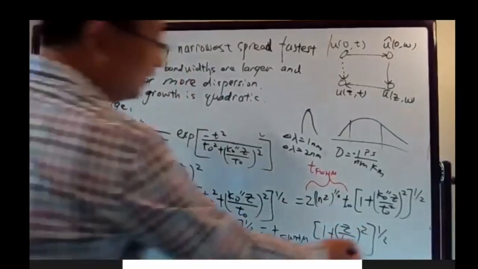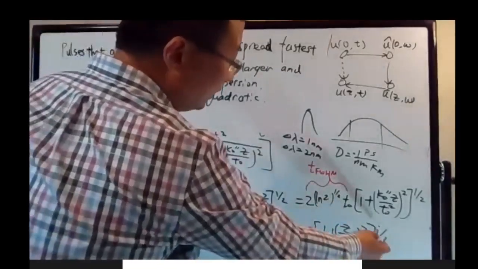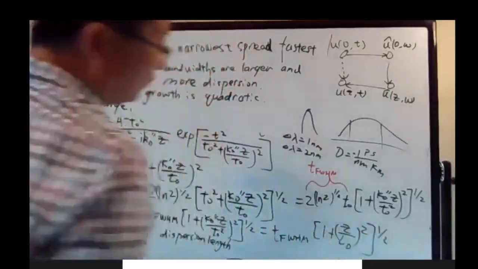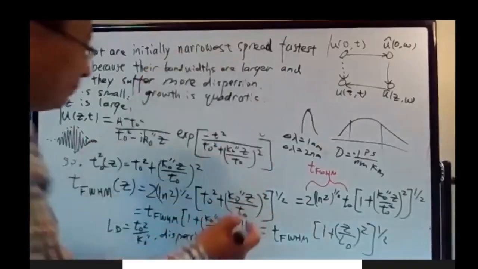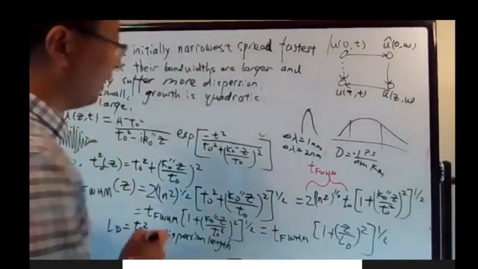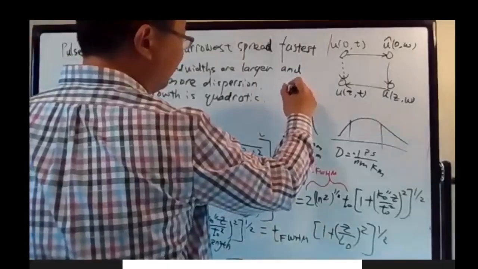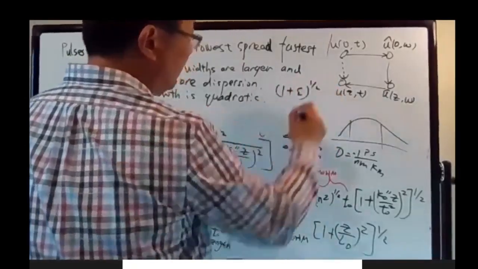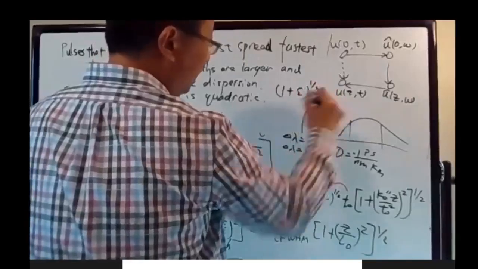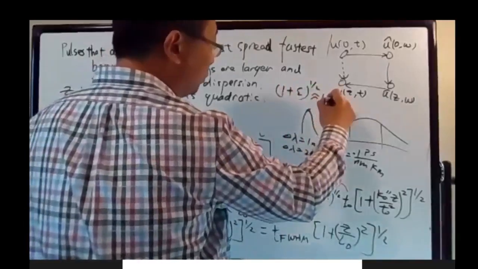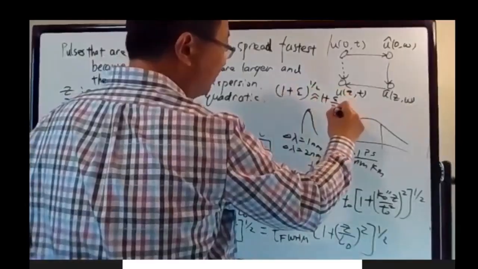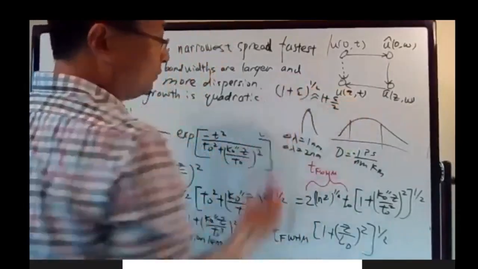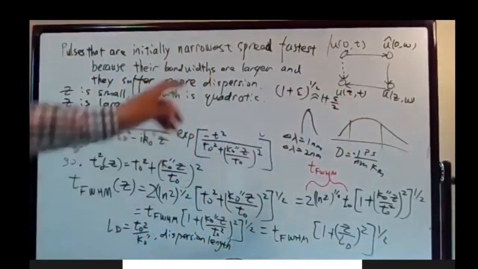Because once this is small, this one half can fall down. So remember, if I have 1 plus epsilon to the power of one half, and epsilon is small, we can approximate it as 1 plus half of epsilon.